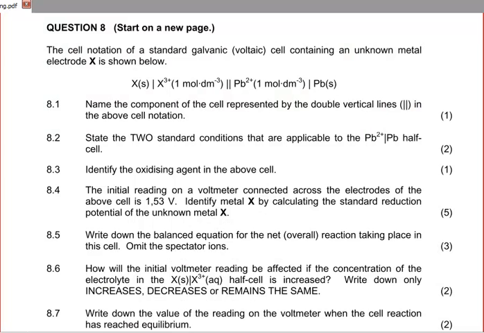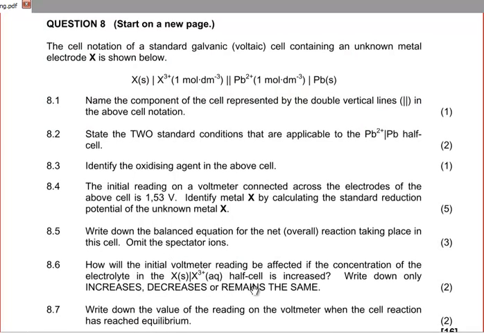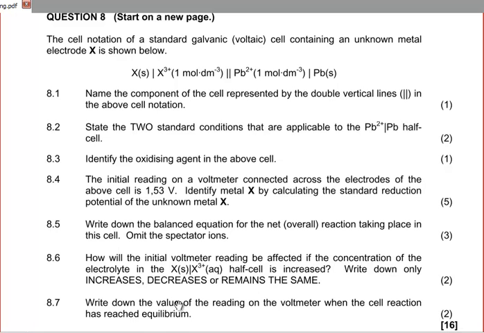So let us go to question 8.7. 8.7 says write down the value of the reading on the voltmeter when the cell reaction has reached equilibrium. Remember, at equilibrium, the rate of our forward reaction is equal to the rate of the backward reaction, which means that at equilibrium, the electric potential of our cathode will be equal to the electric potential of our anode.